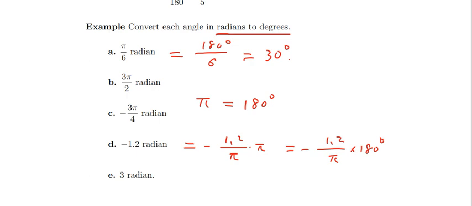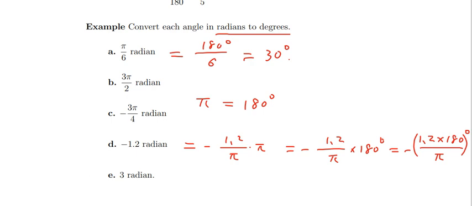So this equals 1.2 over pi multiplied by 180 degrees. We can say that's equal to 1.2 multiplied by 180 over pi degrees. Here we just take pi as a regular number, like 3.1415.